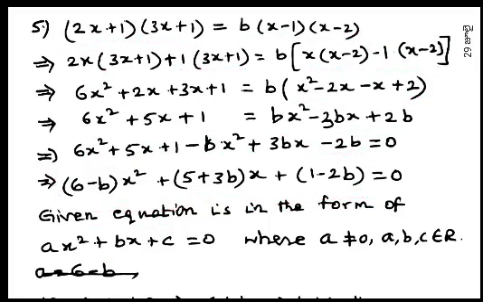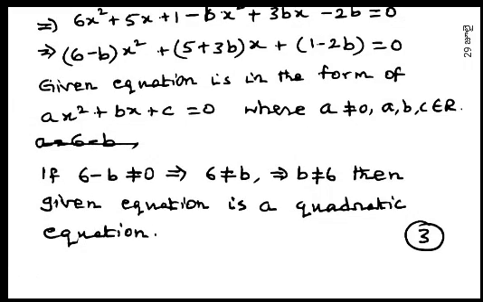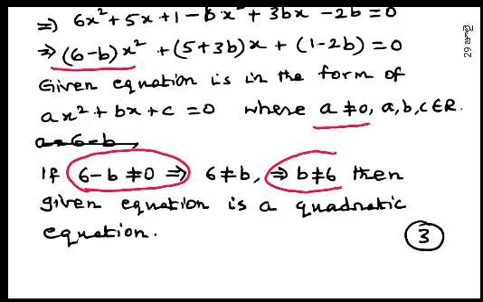Now, if the x² coefficient is not equal to 0, that is a is not equal to 0, that is 6 - b is not equal to 0. In other words, if b is not equal to 6, then the given equation is a quadratic equation.